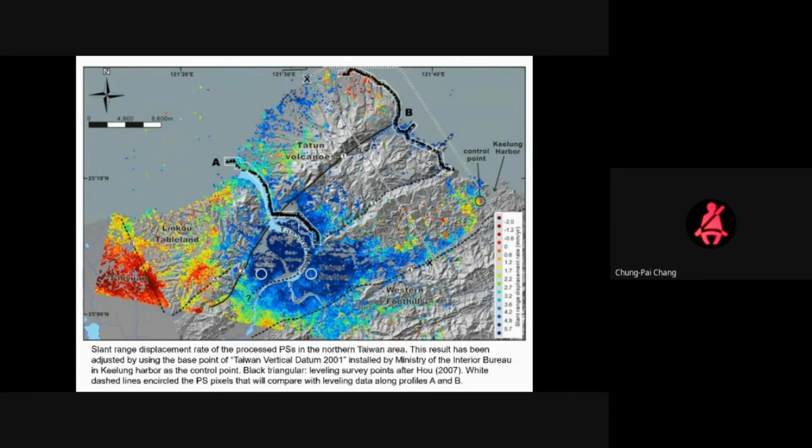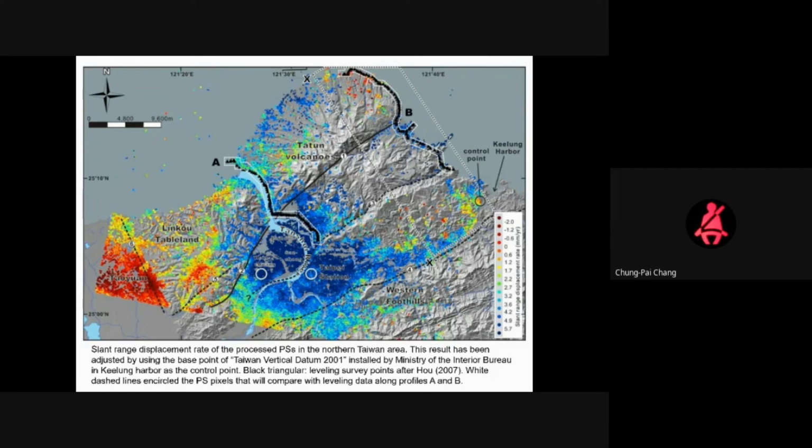And here, between the basin and the Linkou tableland, it is not very clear. I mean, you can see the color is continuous. But for the northern part, we think there may be some structure here, proposed by geologists, but we never observed the activity, or we never measured the displacement rate of this area.